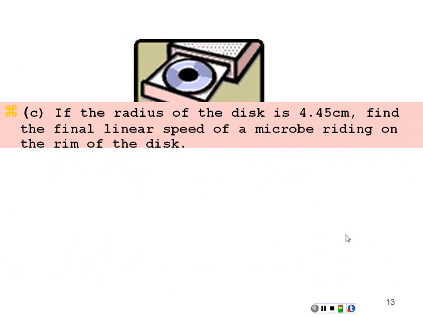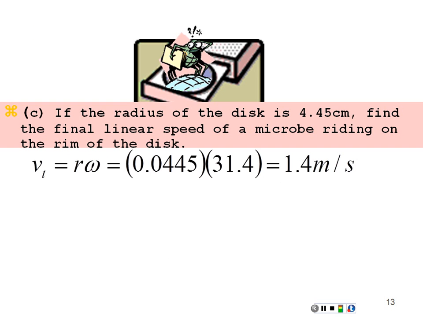If the radius of the disk is 4.45 centimeters, find the final linear speed of a microbe riding on the rim of the disk. We already know the angular speed, so the linear speed of a microbe on the edge would be equal to the radius to that point times the angular speed of the disk.